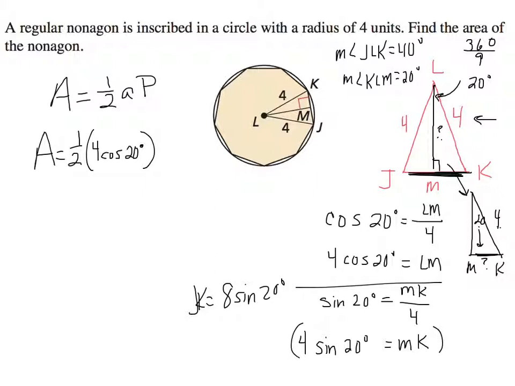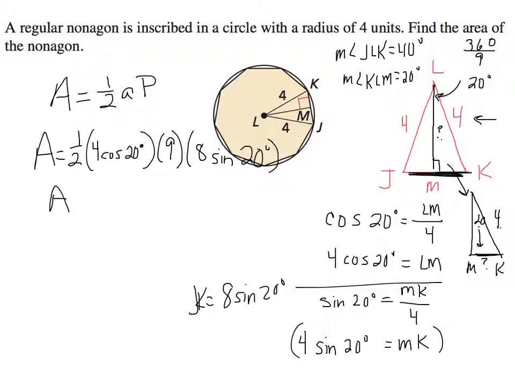That's one side. How many sides do I have? I have 9. So we can take 9, which is how many sides we have, multiplied by the length of one side, which is, and I'm going to run out of room here, 8 sine of 20 degrees.